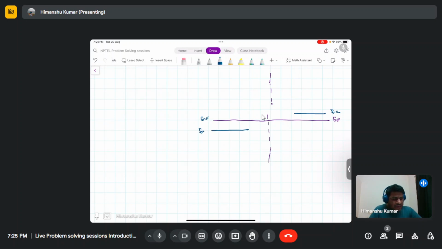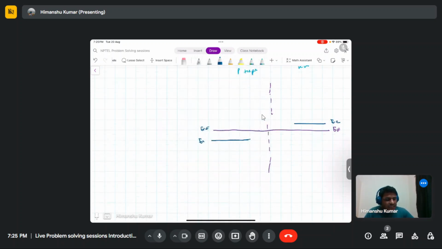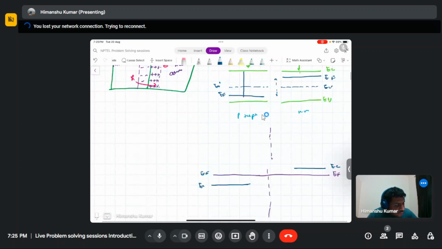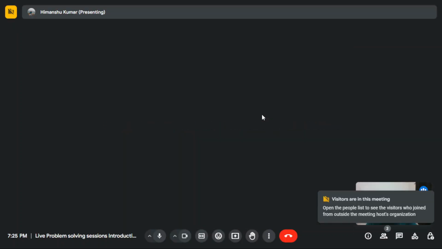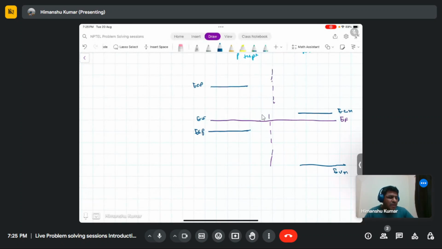Until you change the material, EC minus EF or the band gap will remain constant. Then you can draw this, and similarly here. So this is EV on the N side, this is EC on the N side, this is EV on the P side, this is EC on the P side.